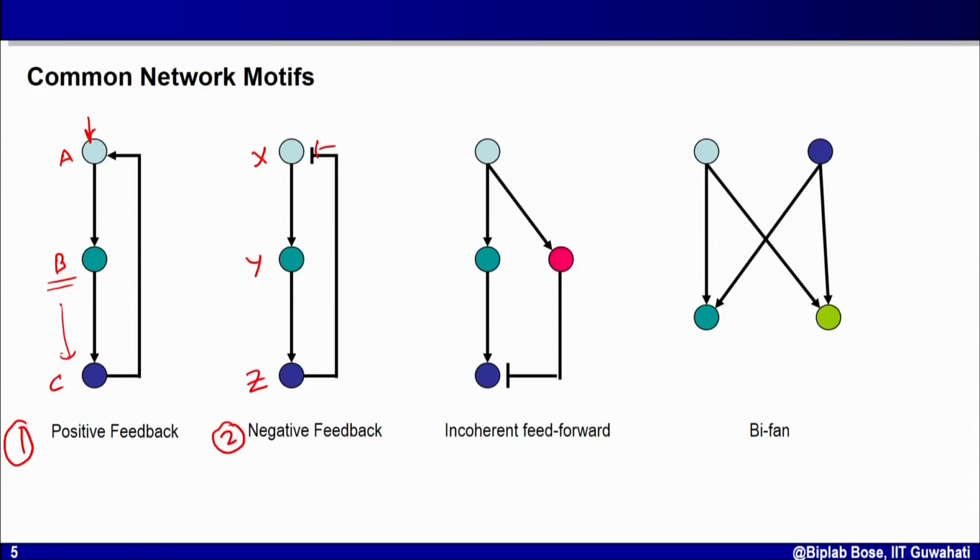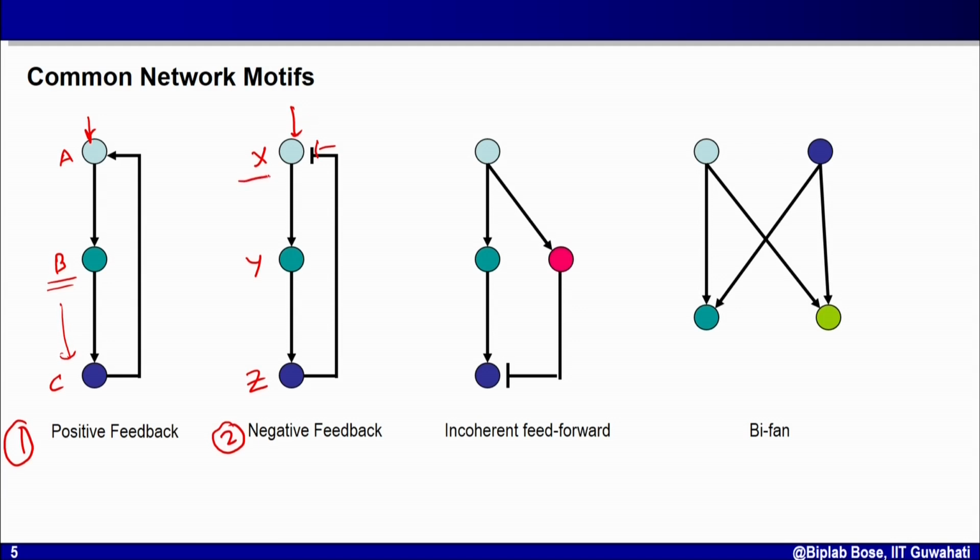Now not just in transcriptional circuits, negative feedbacks are very common in metabolic circuits. They are very common in case of cell signaling. In a cell signaling network, it can be like this: suppose the external signal comes to X, that is the information coming to X, X gets activated and it becomes an active kinase.